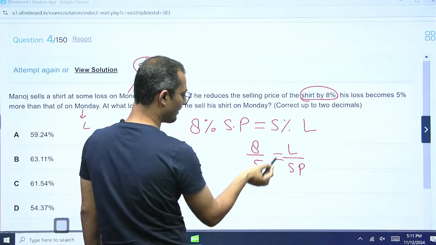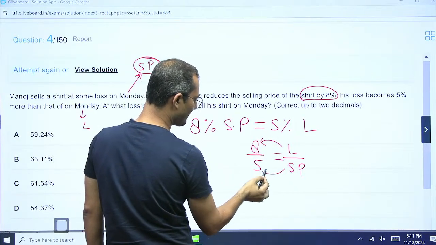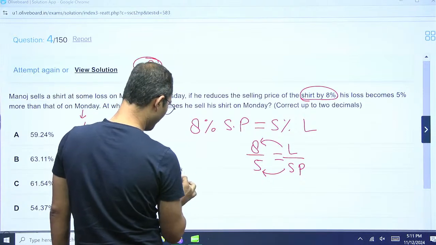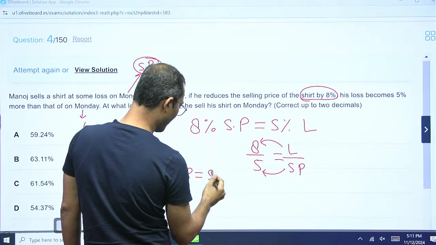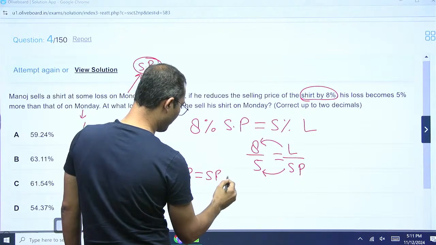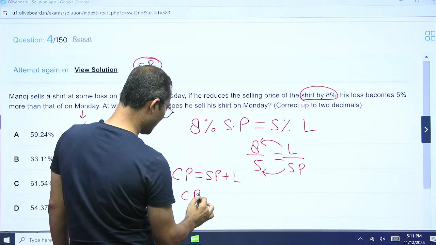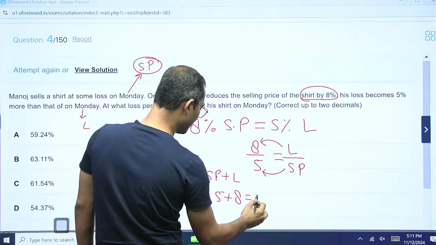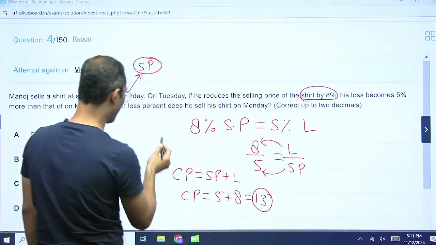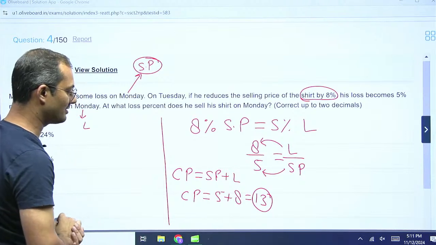It means the loss is 8 units, the selling price is 5 units. So cost price is always equal to selling price plus loss, right? So the cost price is 5 plus 8, that is 13, right?